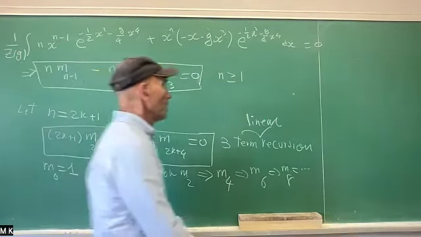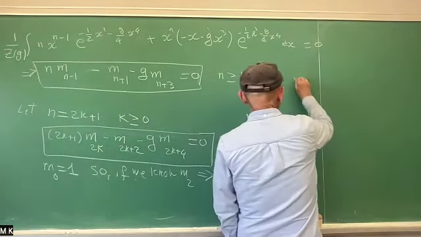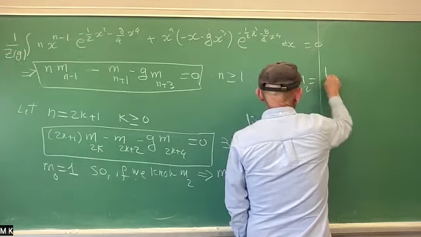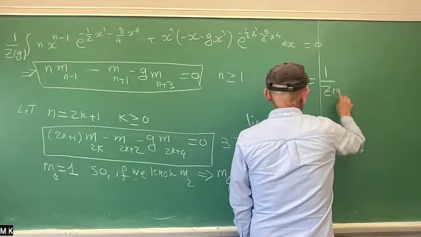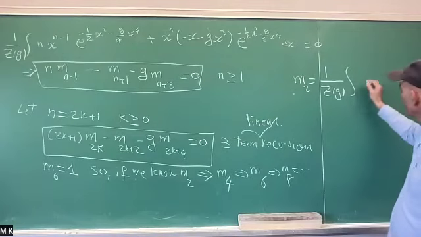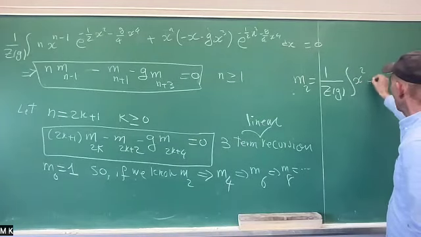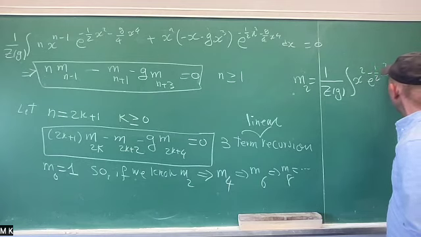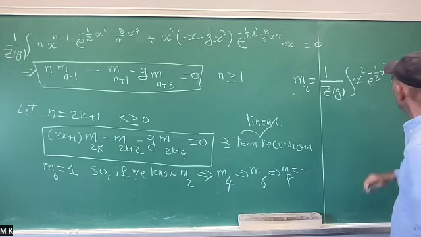So what is m2 now? m2 is equal to 1 over Z_g times the integral of x^2 exponential of minus 1/2 x^2 minus g over 4 x^4 dx.